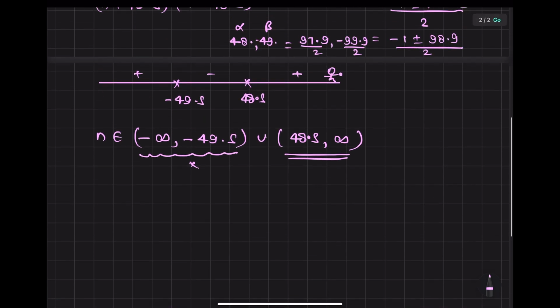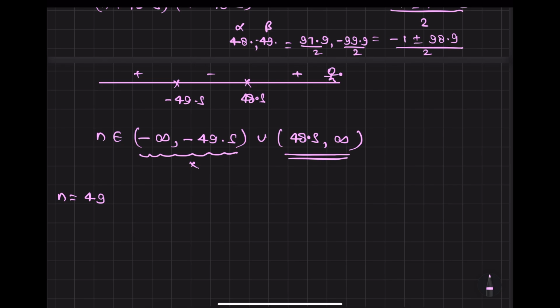So the first value of n will be, and n is a natural number, so in this range the first natural number is 49. So suppose that n is 49. Corresponding to this n, you have to find the value of k.